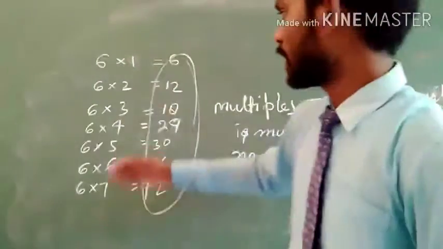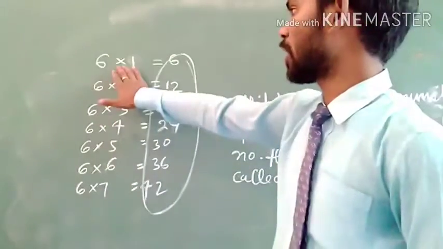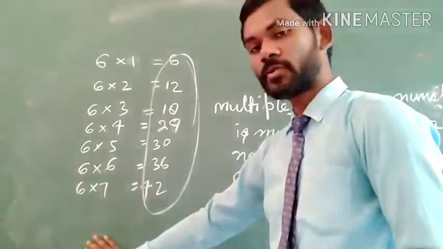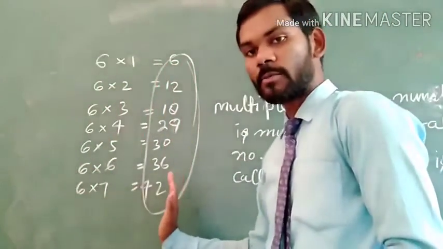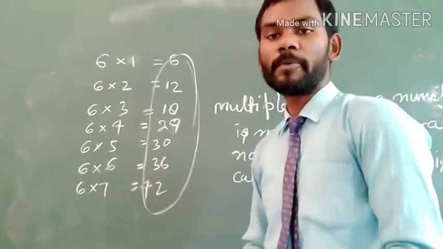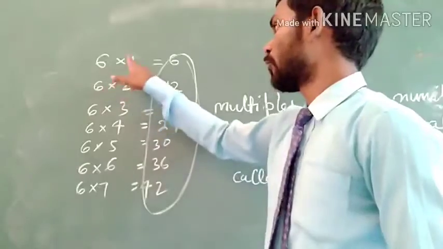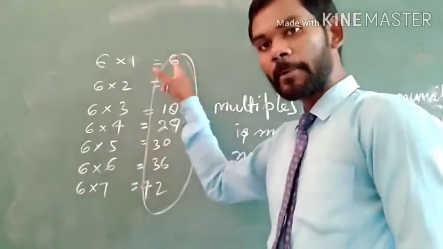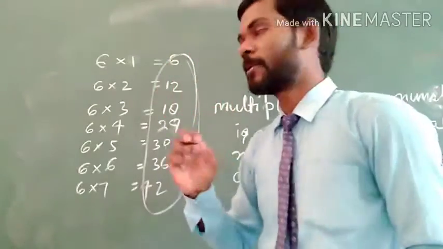So here we can see in the example, for the multiples of 6, we multiply 6 by some natural number and we get the product. These products are known as the multiples of 6. When a number is multiplied by 1, its multiple is known as the first multiple.